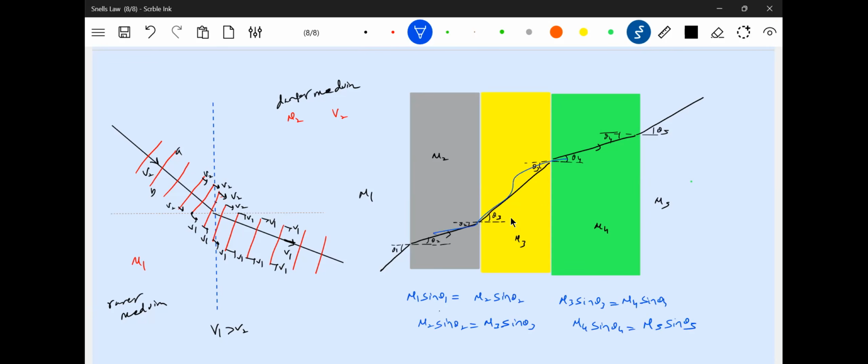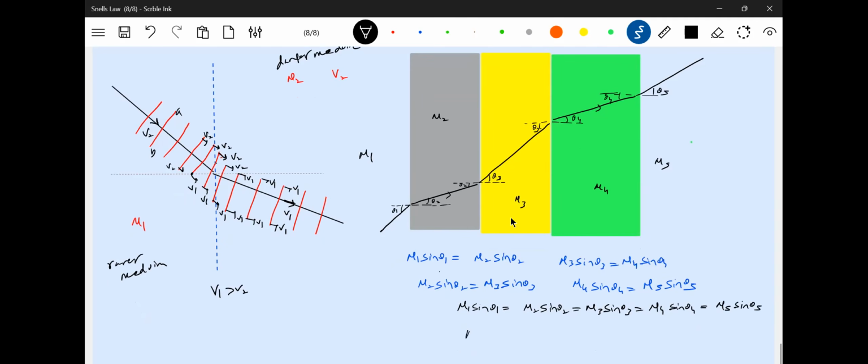Multiple boundaries are there, so we can take care of this basic condition. Now, equating all this, finally we can write mu1 sine theta 1 is equal to mu2 sine theta 2, equal to mu3 sine theta 3, equal to mu4 sine theta 4, equal to mu5 sine theta 5.